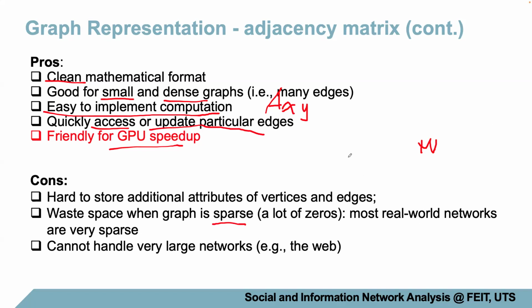But in real world graphs, many networks are sparse. So when we are doing research, we barely use the matrix format. We mainly use the list. Another reason is that it cannot handle very large networks, because for large graphs it is not possible to save them in memory.